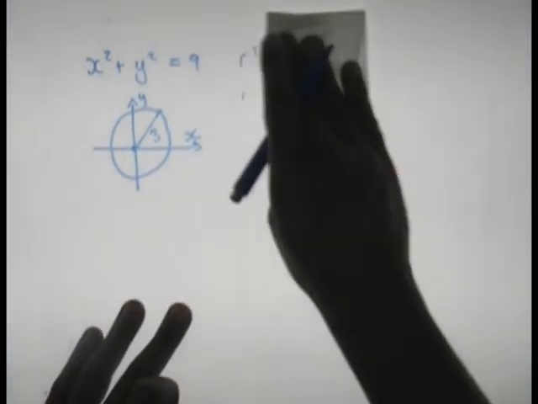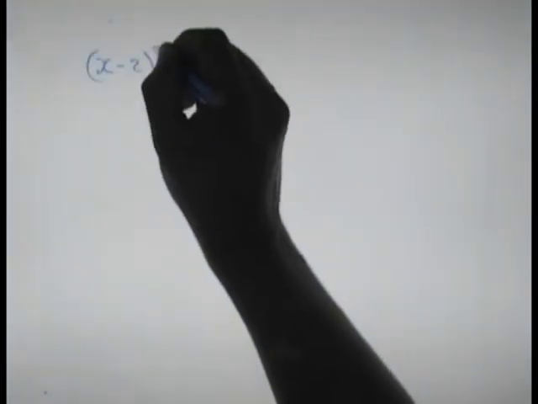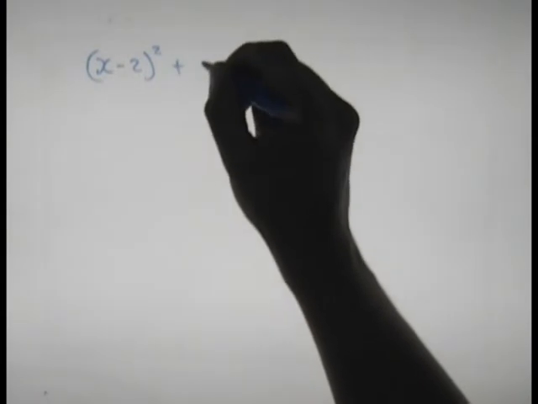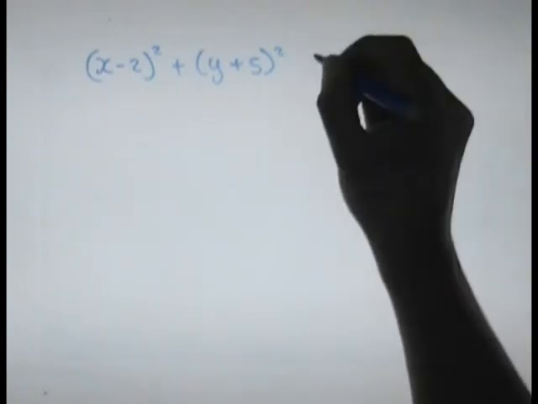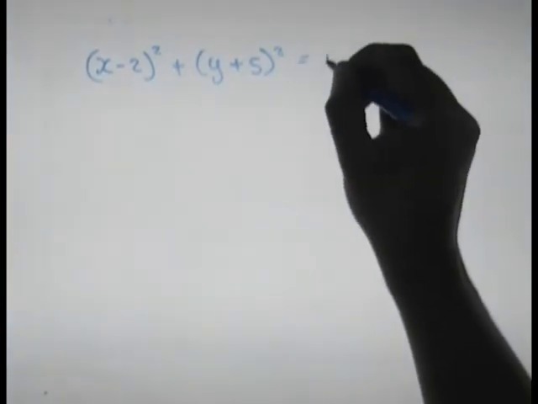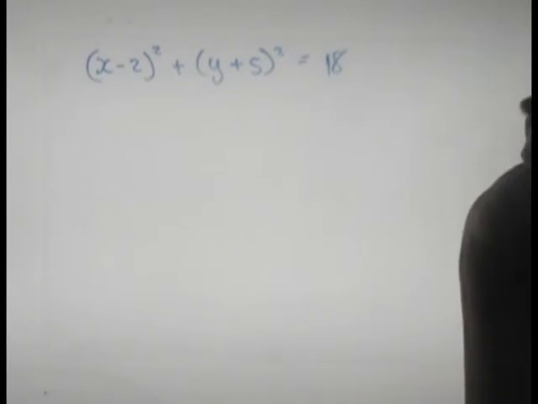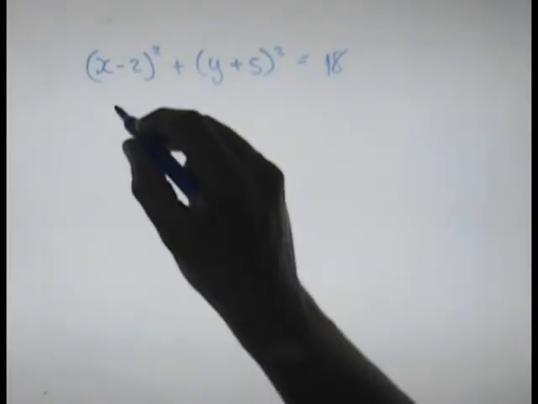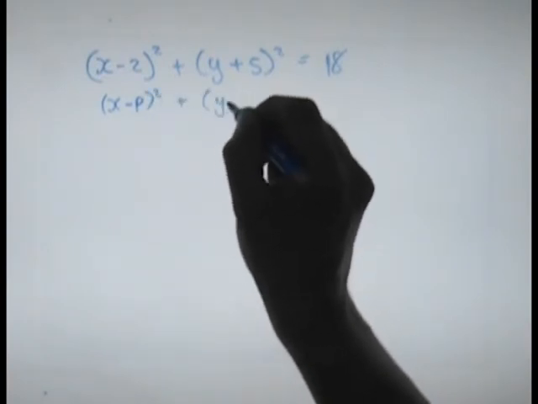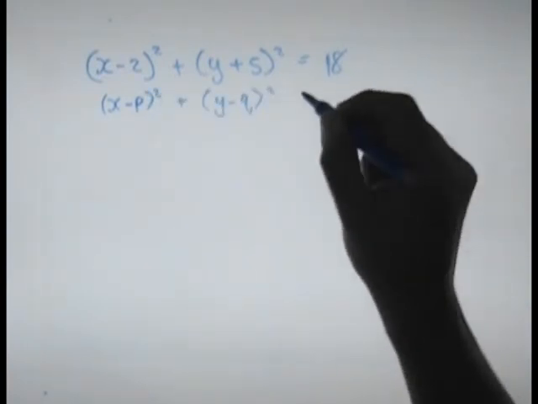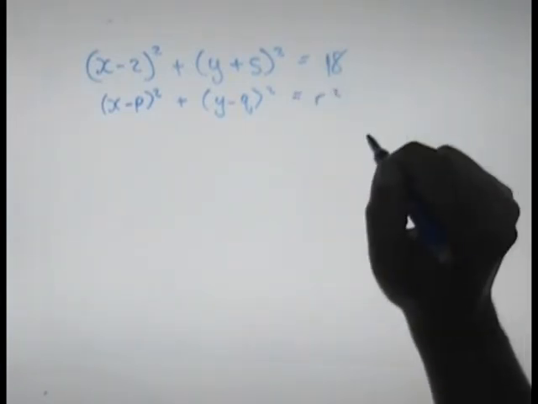The next one we are going to look at is of a circle not centered around the origin. I'm going to work with the equation x minus 2 squared plus y plus 5 squared is equal to 18. This is x minus p squared plus y minus q squared is equal to r squared.